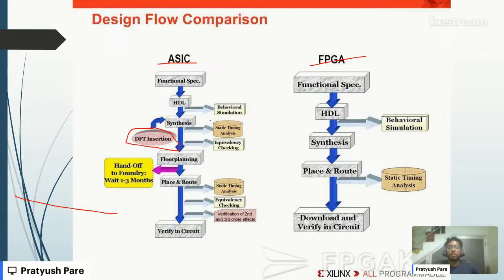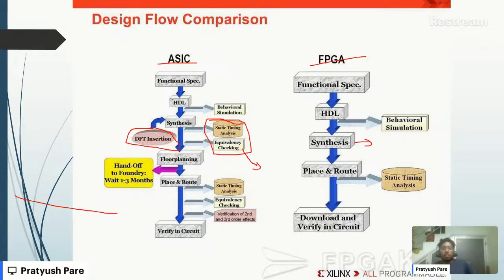We don't need to perform STA and equivalence checking again and again, because we are using the synthesis tool of the FPGA itself. There is very little chance that the synthesis tool may optimize your code into something else. Okay, equivalence checking, we missed it.